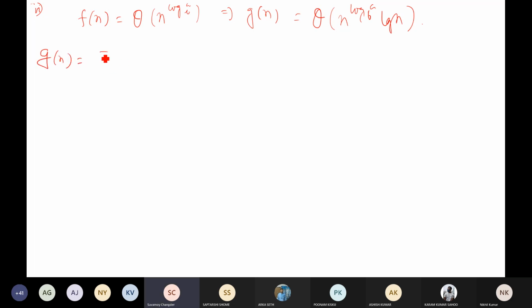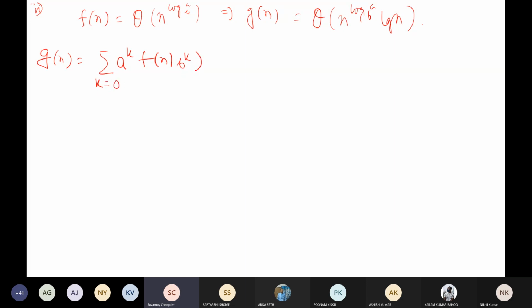So in case 2, it is given that if Fn is equal to theta of n to the power log a base b, then we have to show that Gn is equal to theta of n to the power log a base b times log of n. So as for the previous one, we can write Gn is equal to sum of a to the power k f of n by b to the power k.